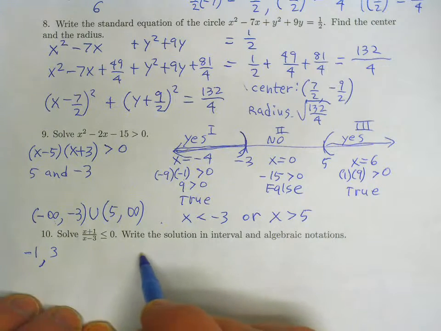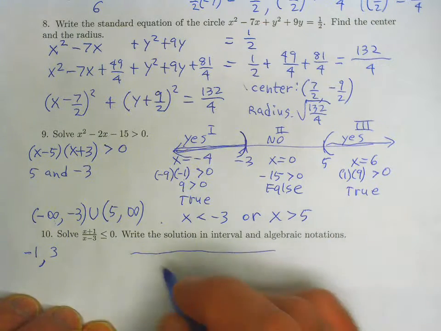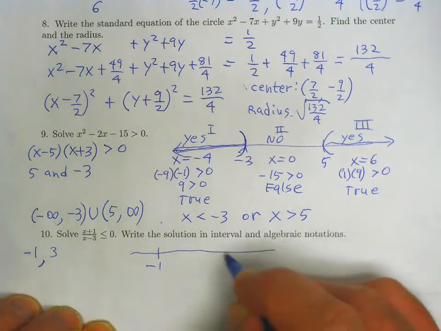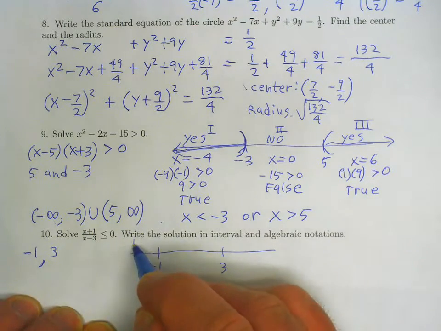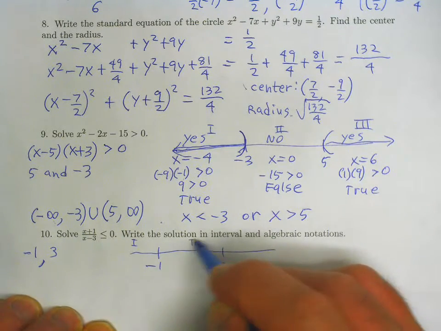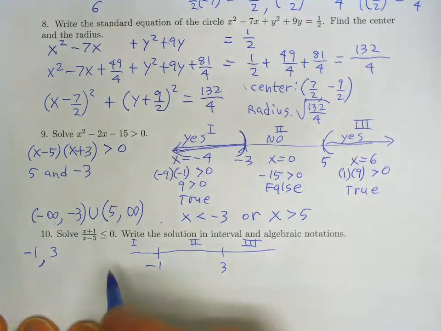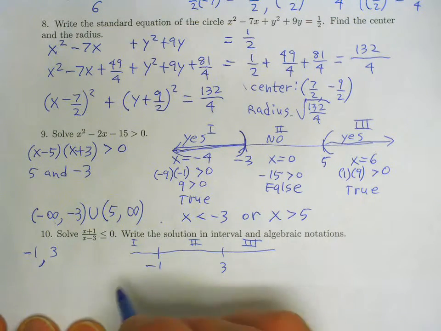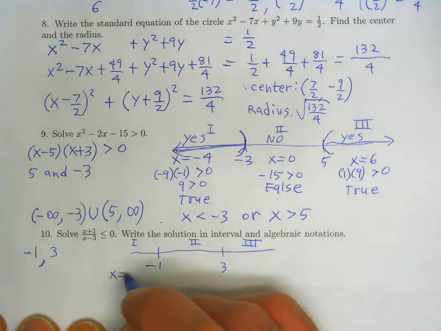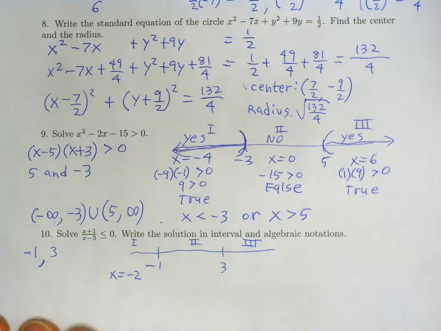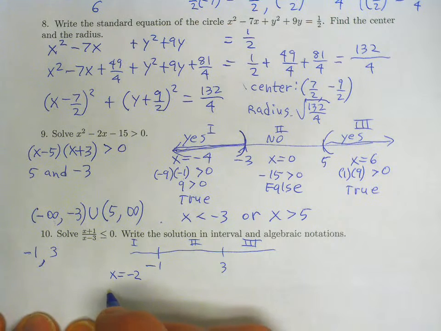Okay, so we plot the numbers -1 and 3. 3 intervals to test again. So from -infinity to -1, let's pick -2. And then in the numerator, replace x with -2. -2 plus 1 is -1.